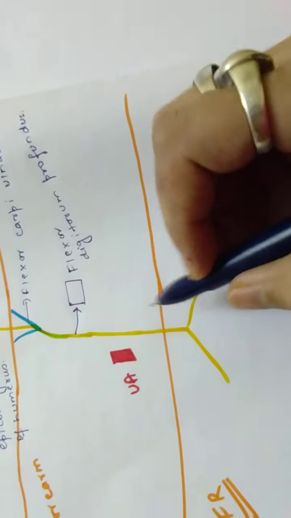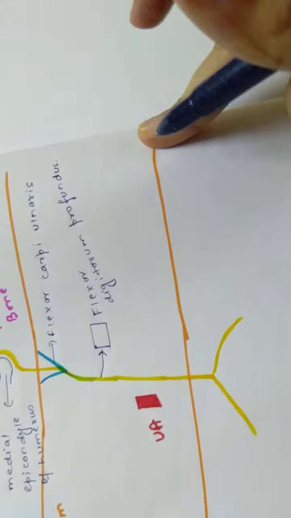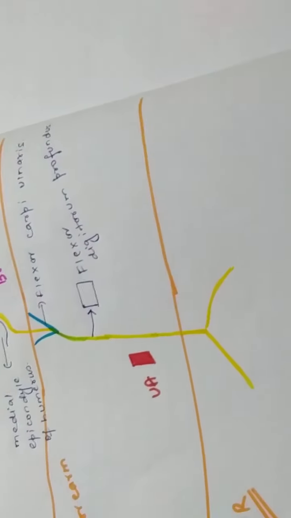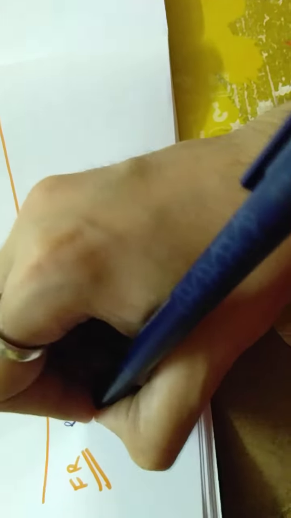So, first let us finish with the superficial branch. So, what happens to the superficial branch? The ulnar nerve divides into superficial branch and the deep branch. Now what happens to the superficial branch? It should enter into the palm. So a muscle should come related to the word palm, right? So the name of the muscle is palmaris brevis.